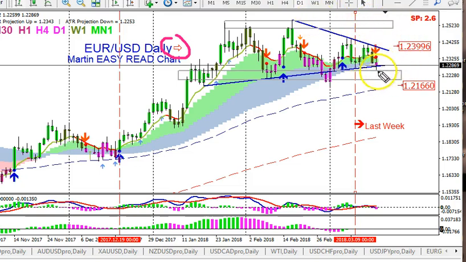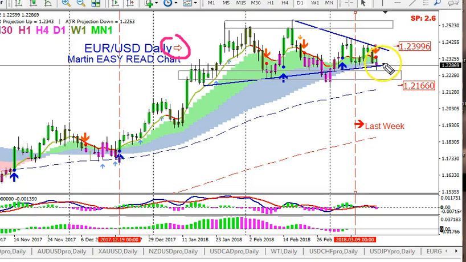Right now price is near support, and you can see I've got a triangle drawn. This is an asymmetrical triangle, and here price is at the bottom. It could bounce higher. We do have green above blue, and the easy read charts tell you that when you have green above blue, anticipate a move higher, unless there's further evidence to the downside.